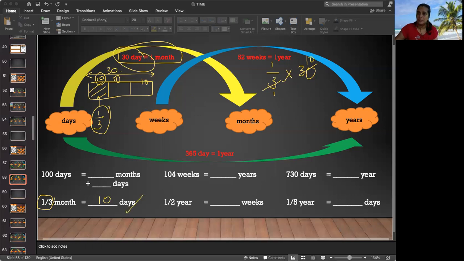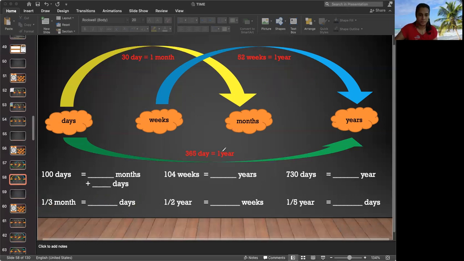Let's look into the second question, or the second bridge that we are jumping, between weeks and years. First of all, you must always note the conversion. What are they converting? What units are we looking at? Here we have weeks, and we are converting them into years.